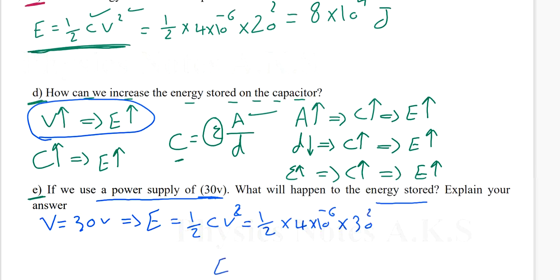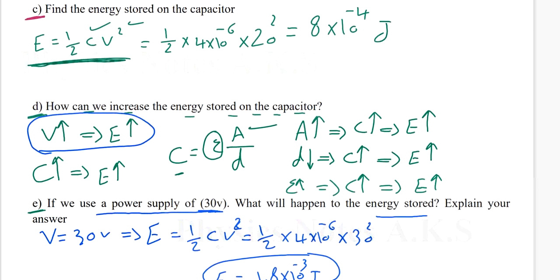This will give me a new value of energy: 1.8 times 10 to the power negative 3 joules. As you can see, this value is bigger than this value. So when we increase the voltage, the energy increased.